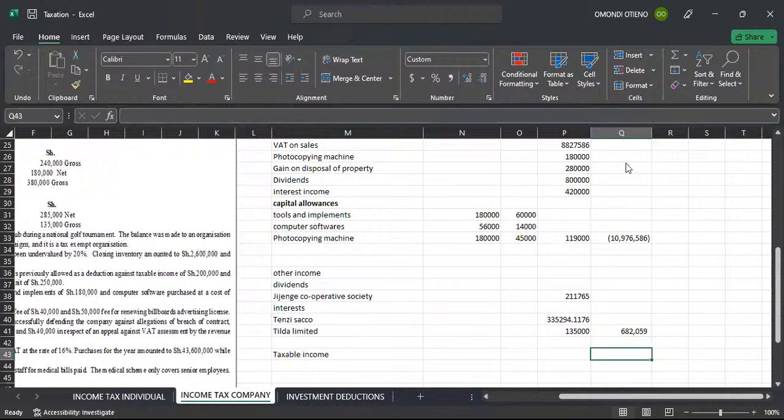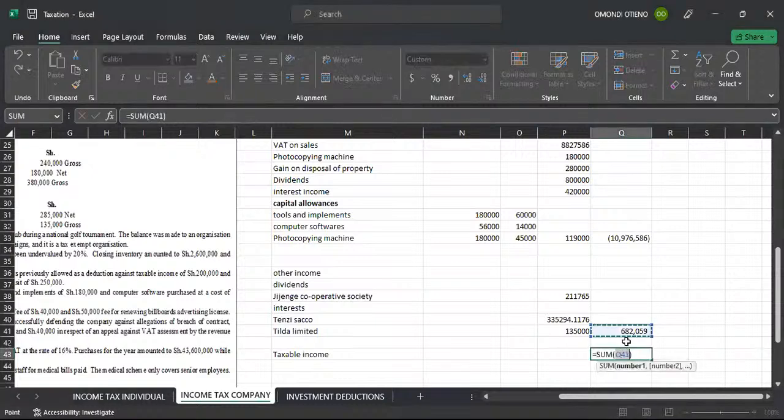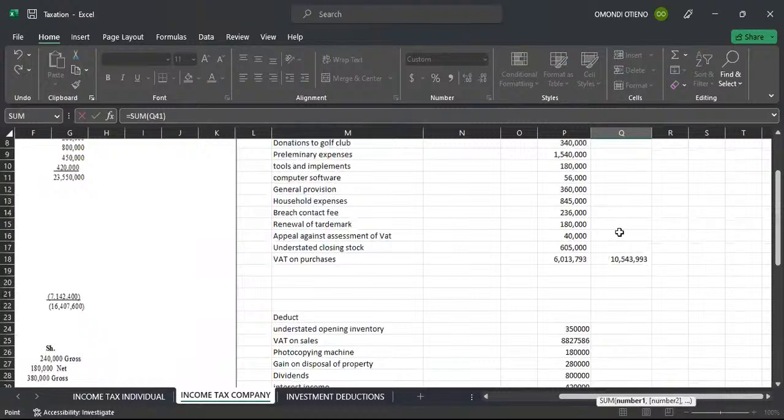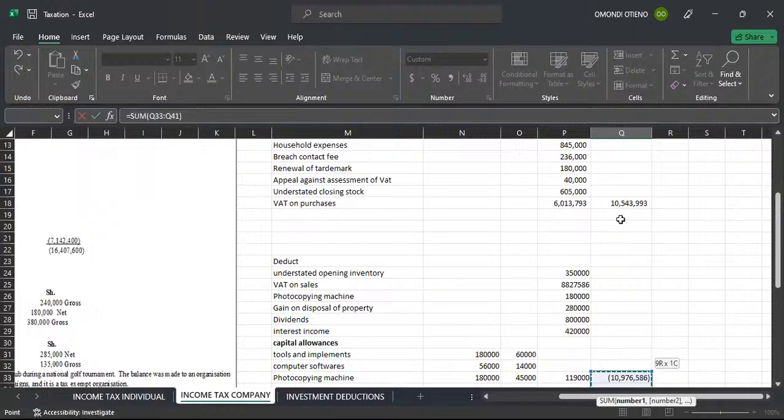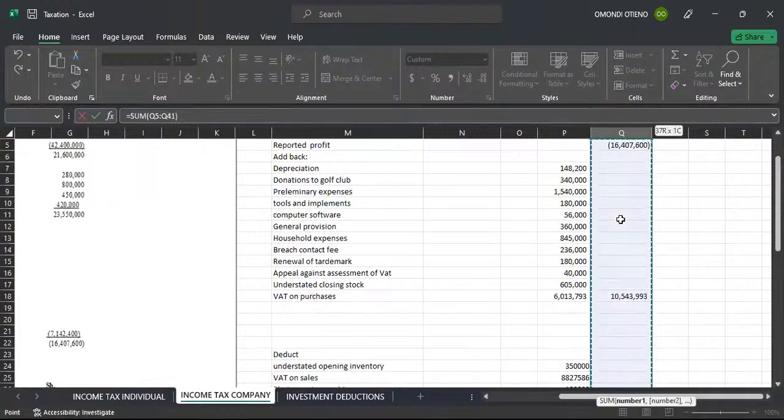The summation of these values in column Q. Ni ngapi? Summation of values in column Q ni ngapi? Yes, let me see your figures. Negative 16, 158, 134.